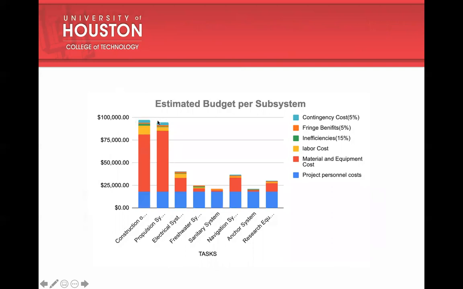And this is the bar plot of the budget estimated for each subsystem. You can see a very high bar for construction of vessel and propulsion system. Most of the budget is taken by construction of vessel and propulsion system, and within that, material and equipment cost takes most of it.